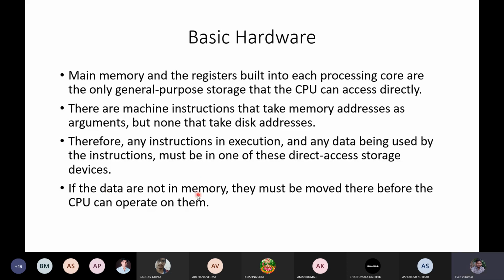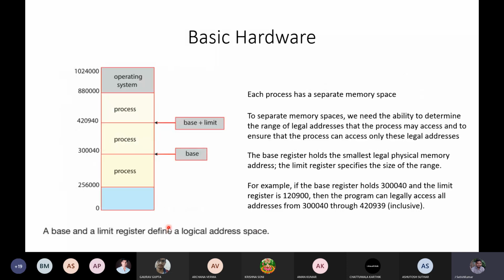If the data is not in memory, the CPU cannot operate on it. First it should be moved to memory, and only then can the CPU operate on it.